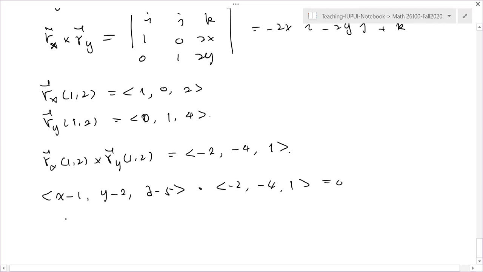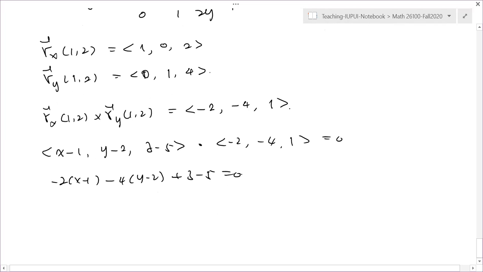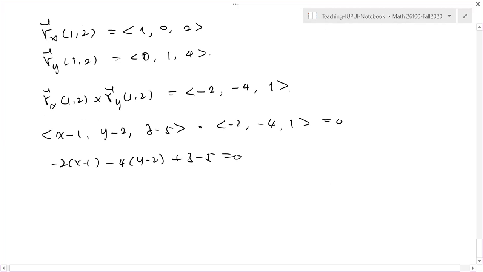So you will get -2 times (x minus 1) minus 4 times (y minus 2) plus (z minus 5) equals 0. So that's one way to describe it. Another way to describe the equation is, now you can simplify a little bit, okay? 2x plus 2 minus 4 plus 8, z minus 5 equals 0.